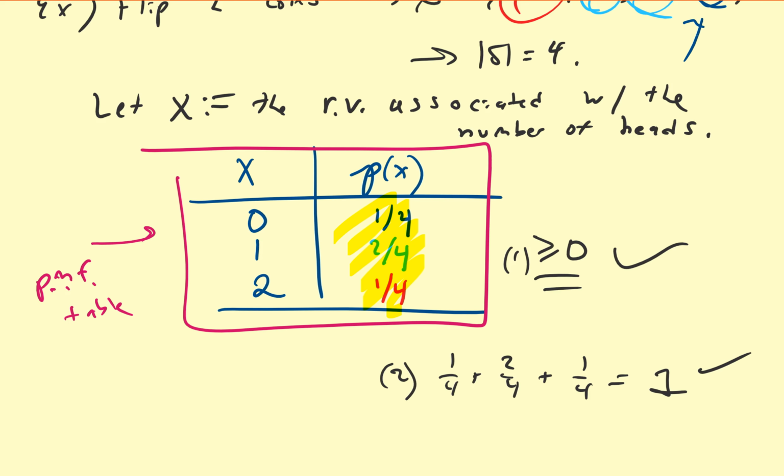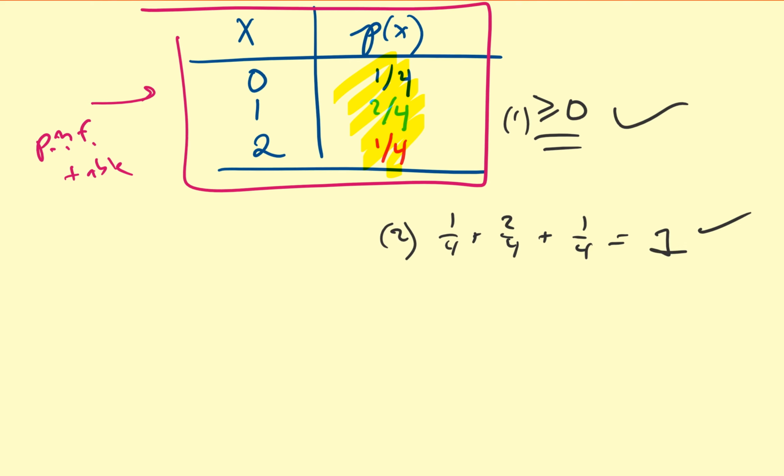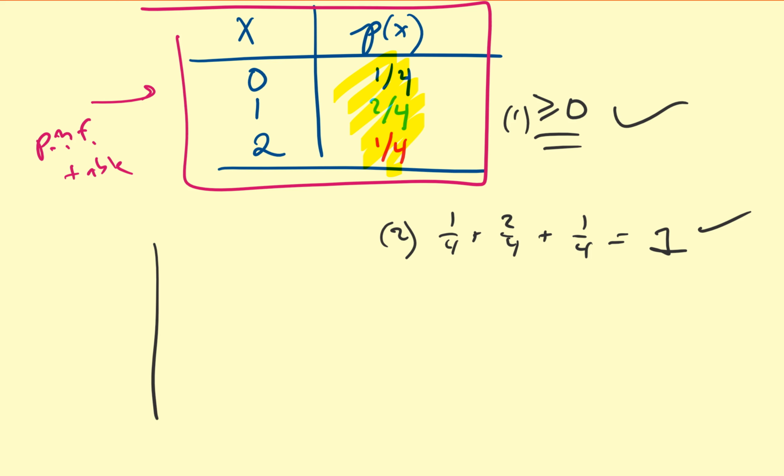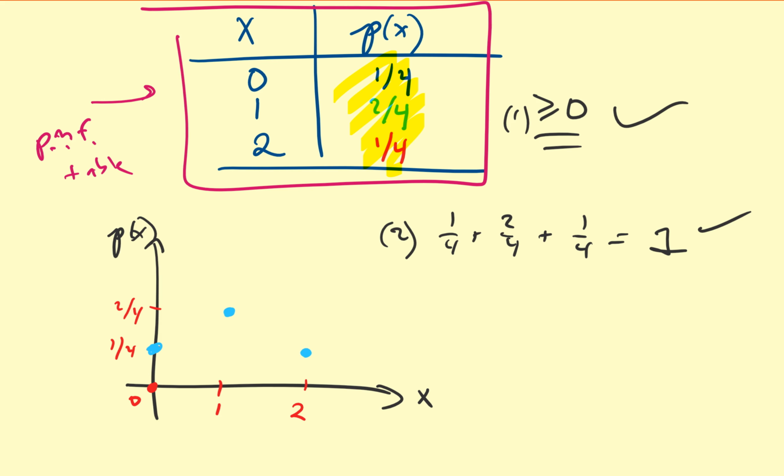And of course, since it's a function, you should be able to generate a graph for it. So let the horizontal axis be x and let the vertical be p of x. So our values are going to be 0, 1, and 2. And we have 1/4, 2/4, and 1/4. So our values are here, here, and here.